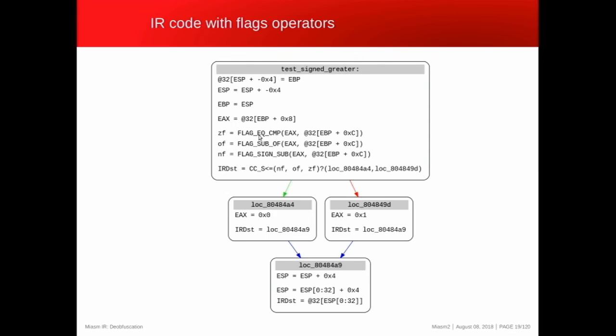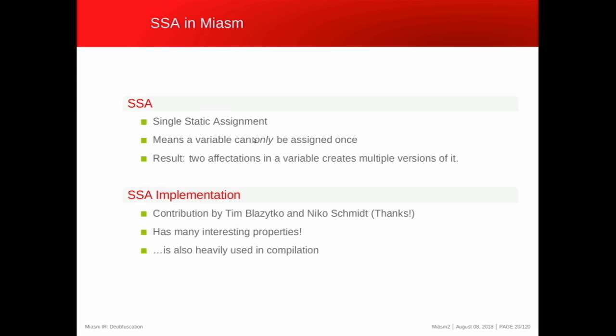The next step is, again, a bit complicated, so we have to do more than this. We will try to do propagation in Miasm, and to do this we will have to use static single assignment. It's a new feature in Miasm which has been added by a contribution by Tim Blazytko and Nico Schmitz.